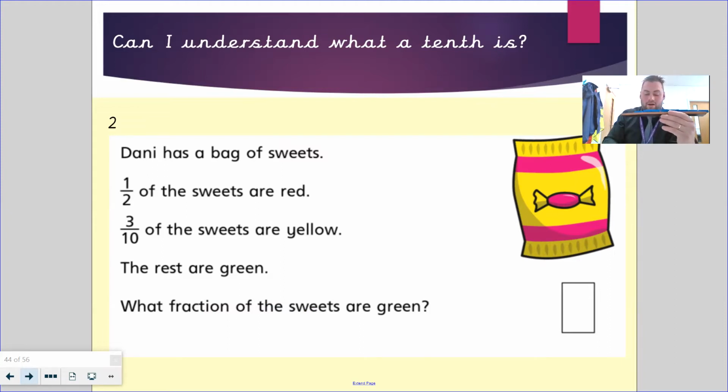The rest are green. How many tenths do I have left? I have 1, 2. So what fraction of the sweets are green? They are 2 out of 10. Because if we're using tenths here, 3/10 are 3/10, but half of 10 is 5.